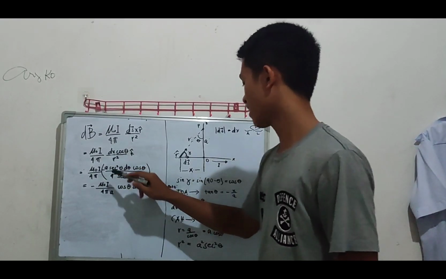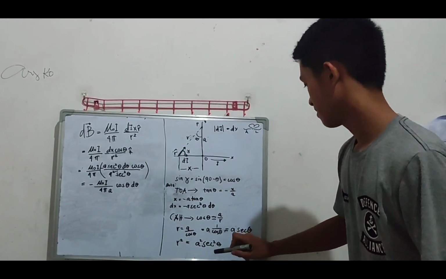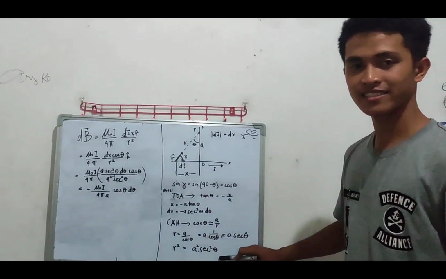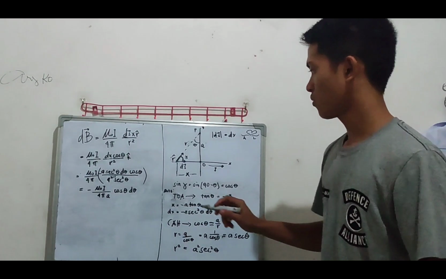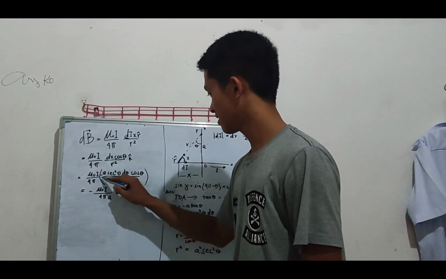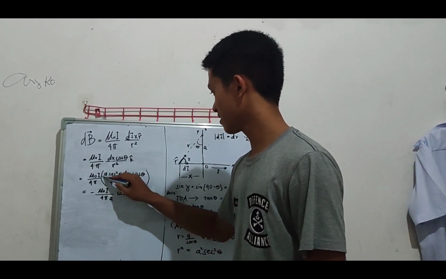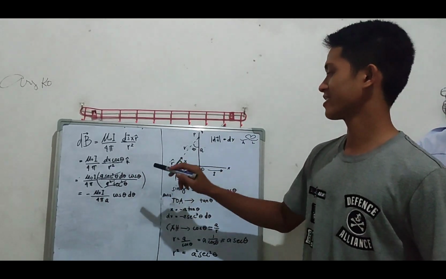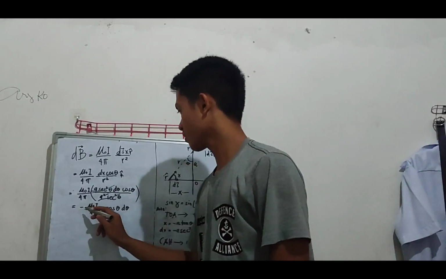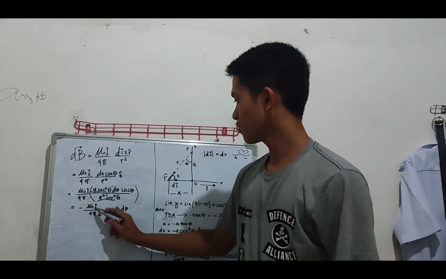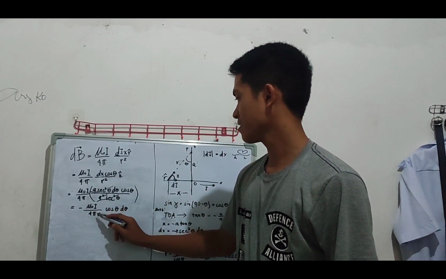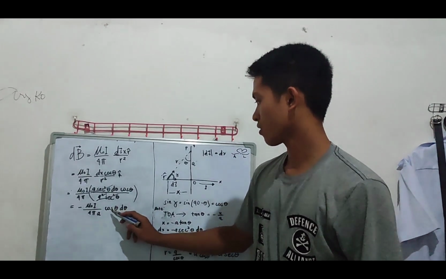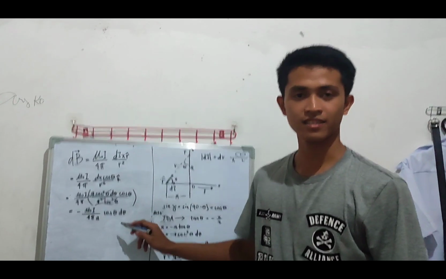The value of r squared is a squared secant squared theta. And then we cancel the negative a secant squared theta and a squared secant squared theta, so dB is equal to negative mu sub 0 I over 4 pi a times cos theta d theta.